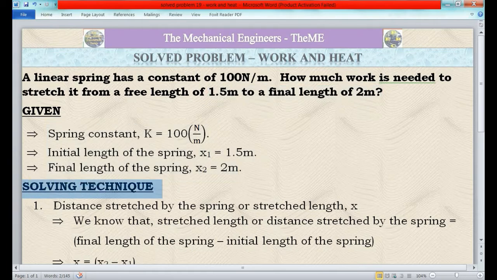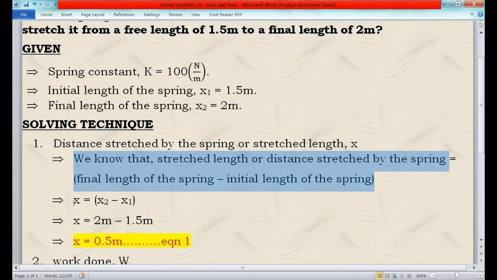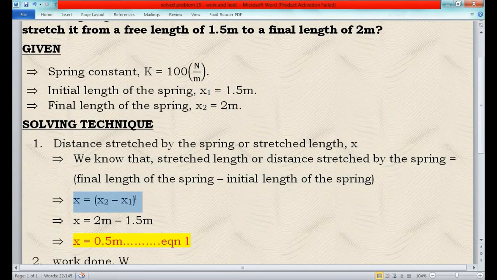First I will find the distance stretched by the spring or stretched length, which is represented by X. So the formula for stretched length of the linear spring is final length of the spring minus initial length of the spring, which is X is equal to X2 minus X1. X2 is 2 meter, X1 is 1.5 meter.